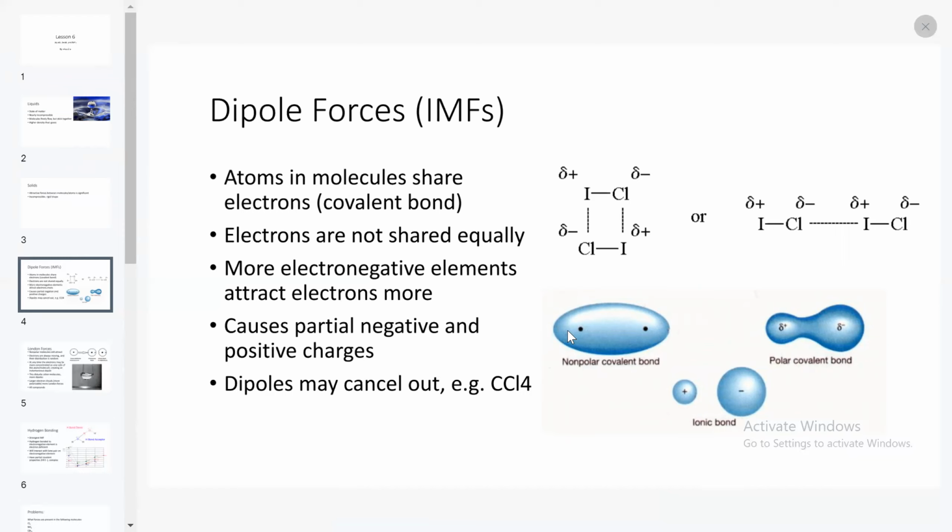So these are intermolecular forces because they're between different molecules, okay? So if we remember the lecture about covalent Lewis structures and covalent bonds, we saw that atoms and molecules share their electrons. So they share these electrons and we get this cloud of electrons that forms the molecule.